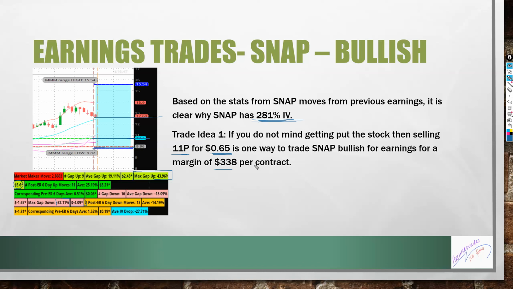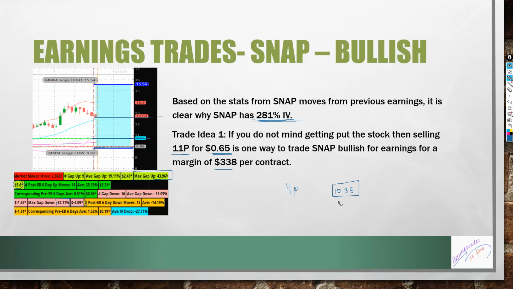So if you are getting put the stock, what would be your cost basis? You will get the stock at 11, because you're selling the 11 put, but you got 65 cents credit. So 10.35 is going to be your cost basis, because 11 minus 65 cents is 10.35.